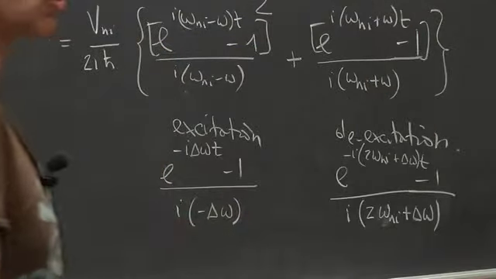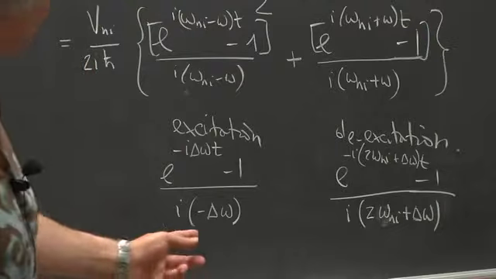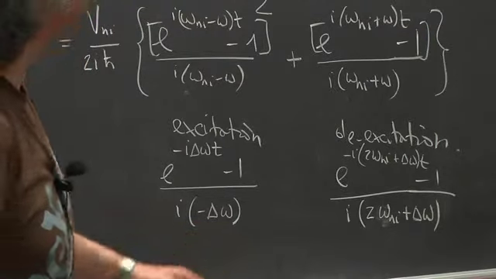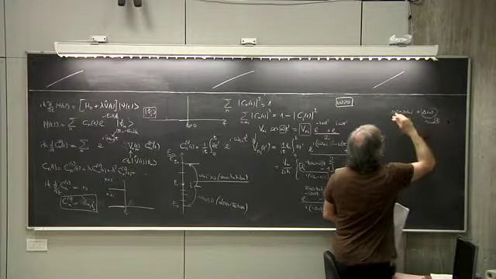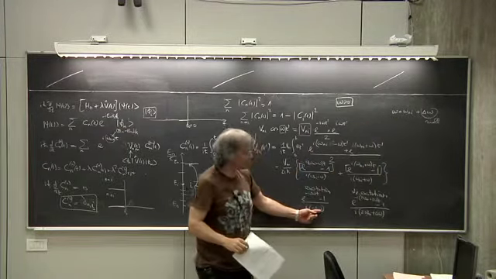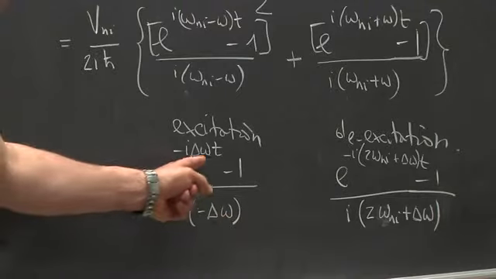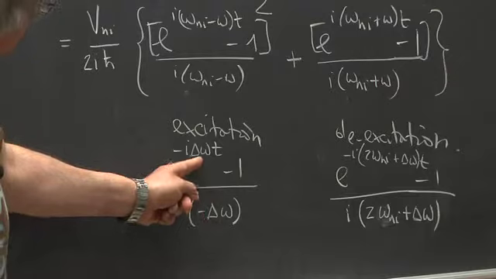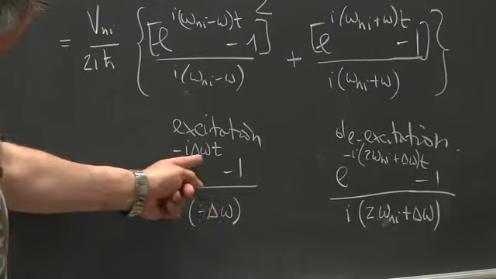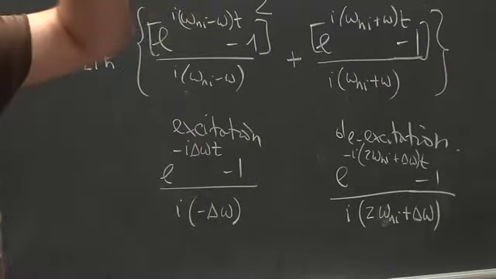So observe that there are two features. One is the denominator here, so if delta omega is small, you are close to a resonance. The denominator is small, and therefore the term is large, and it oscillates slowly. Because you see the same thing that appears in the denominator also appears as an oscillation frequency.